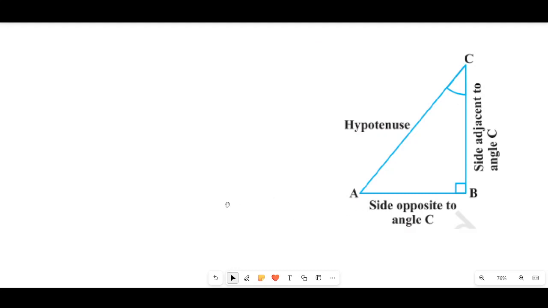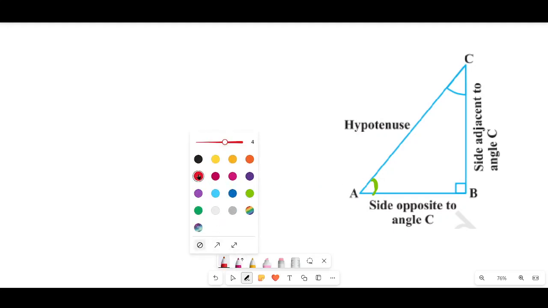Clear? Angles and ratio, such that if we want to find out all ratios on the basis of angle A, then we can write in this way.